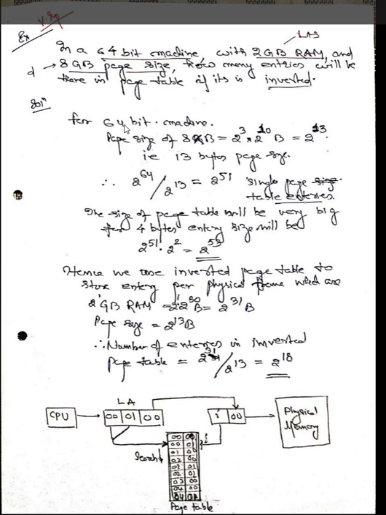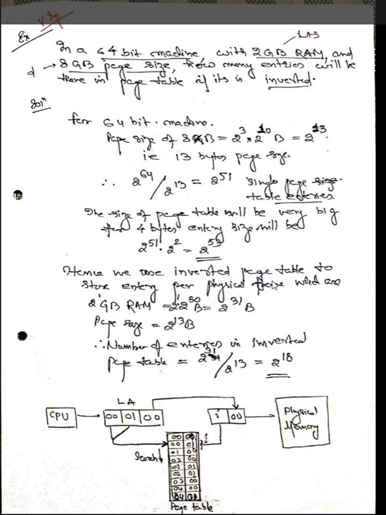Now this is 64, so 64 minus 13. What is the 64-bit? This is the logical address space. Logical address space minus the page size bits will give you the page numbers. So 64 minus 13 is 51. That is the same thing as 2 to the power of 64 divided by 2 to the power of 13. Now the question is asking about a 64-bit machine with 2 GB RAM.